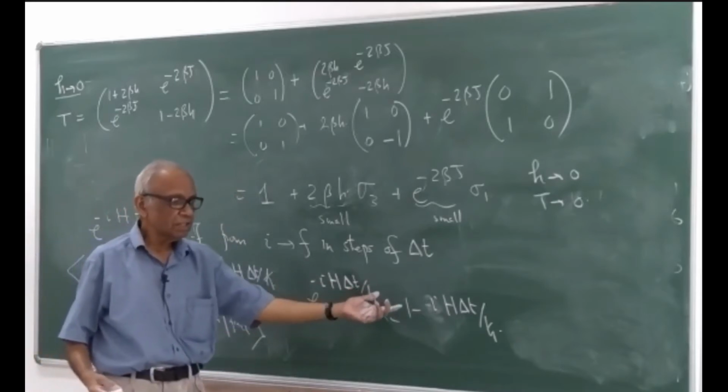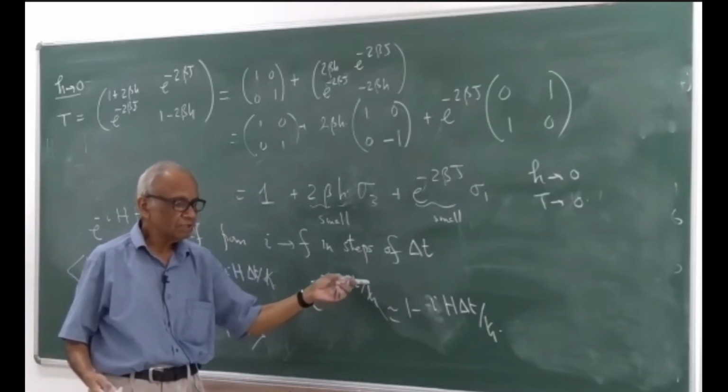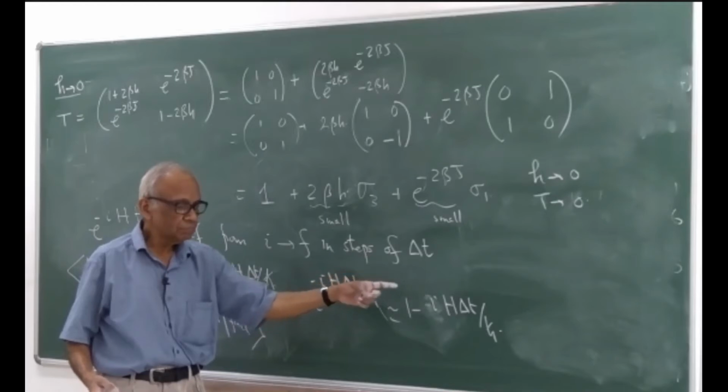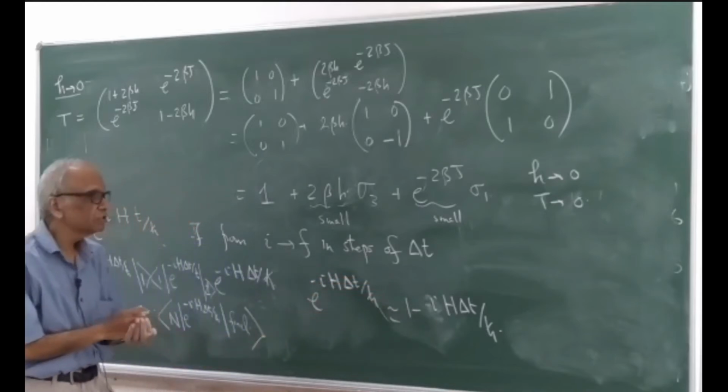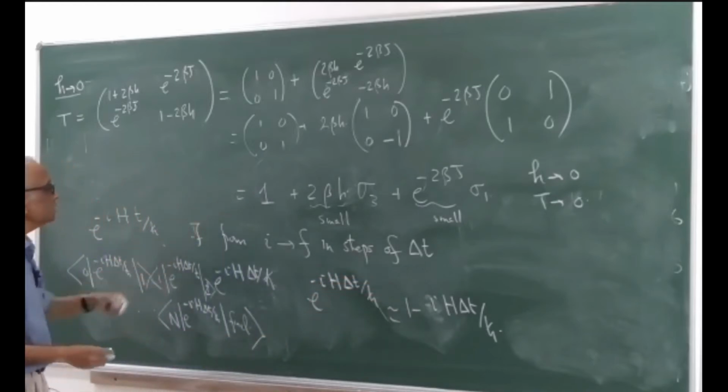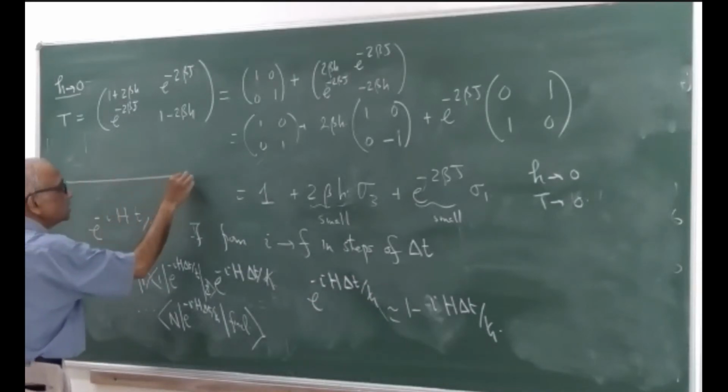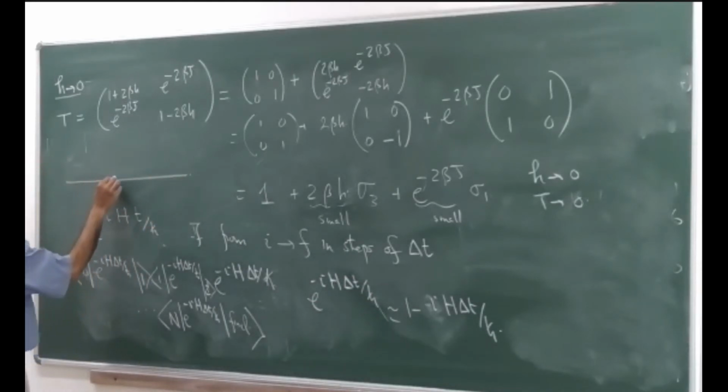It takes me from time t to t plus delta t. That's the generator of the transformation. This has taken me from site i to site i plus 1.